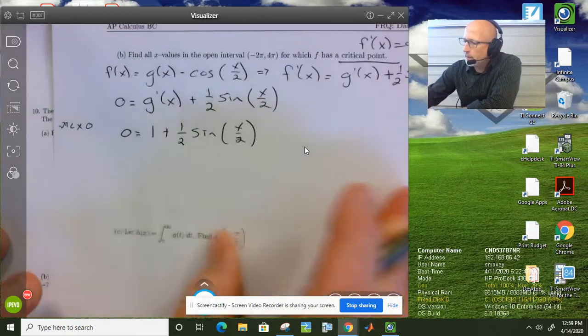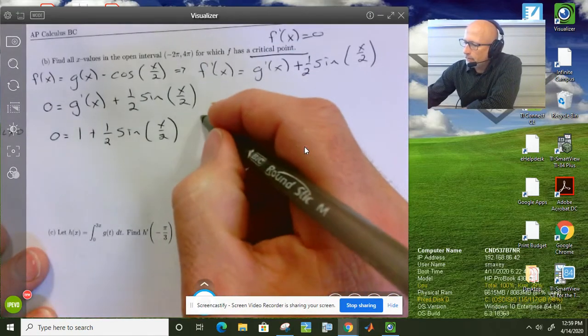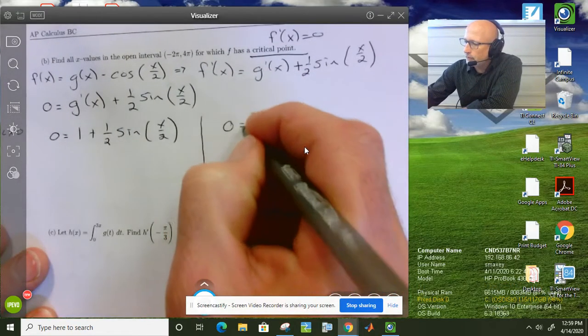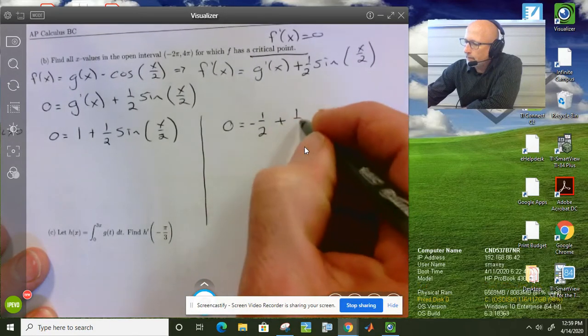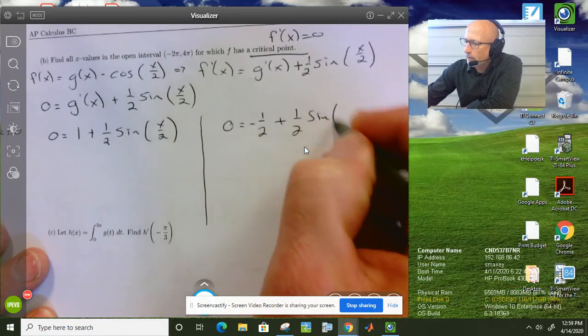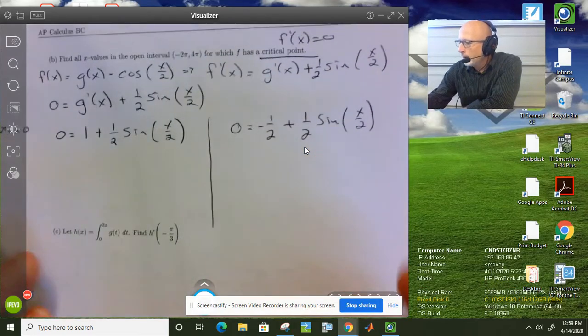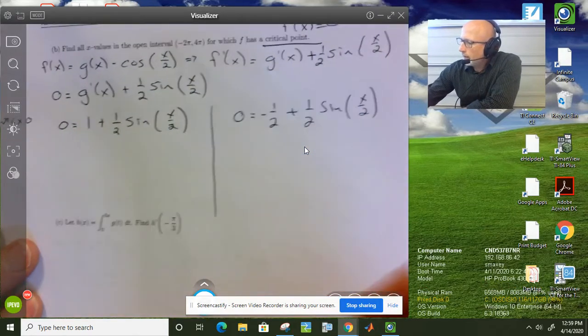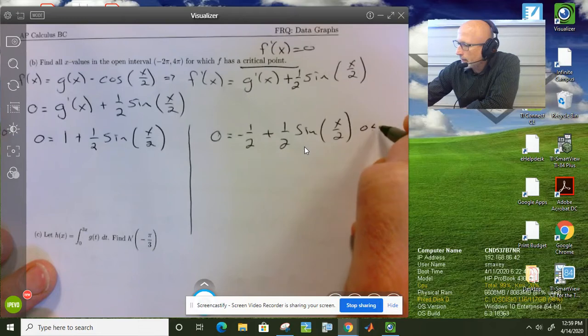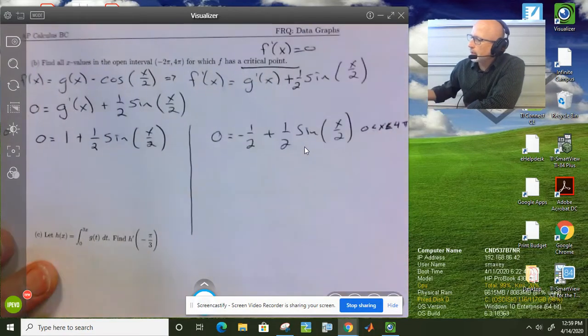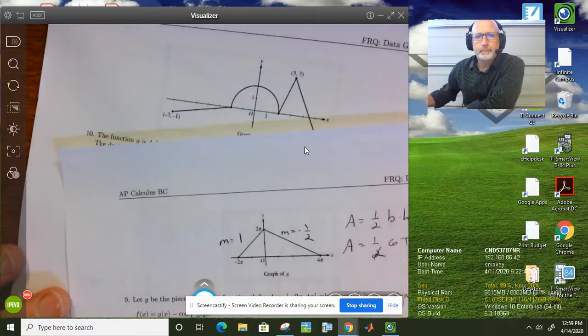But then I'm also going to have 0 is equal to the other slope, which was -1/2 plus 1/2 sine of x, all over 2. And this is when x was between, what was it, 0 is less than x, which is less than 4 pi, I think, is what it was. Let me check. Yep, 4 pi.